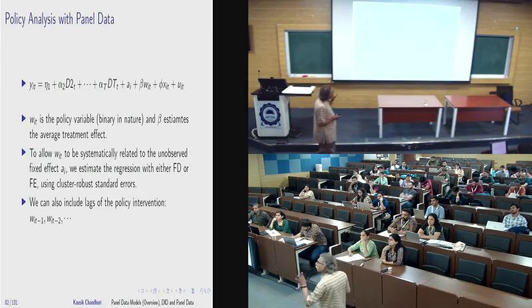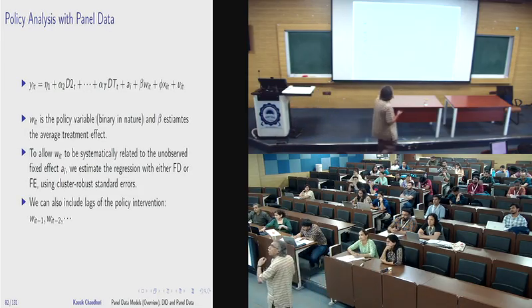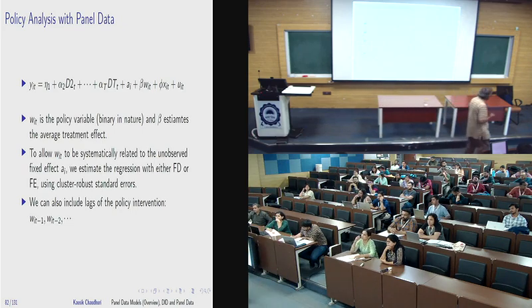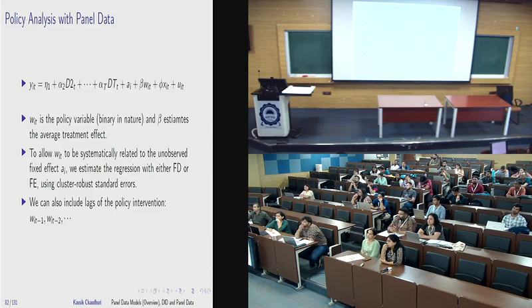So the policy analysis in terms of the panel, so I can think of that I have yit which has a constant which is eta 1, and then I have series of these time dummies which is d2t to dTt, and then wit is my policy variable, ai is nothing but unobserved heterogeneity, and xit is nothing but the set of controls. Clear? Okay.